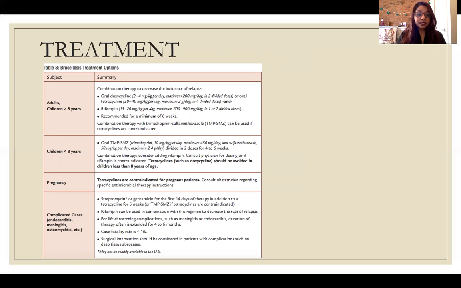In complicated cases, there's a variety of interventions that can be done. For life-threatening complications like meningitis or endocarditis, you want to extend the duration of therapy with the antimicrobials to 4 to 6 months. The case fatality rate for brucellosis is typically less than 1%, so even though it has the ability to become fatal, the fatality rate is very low.